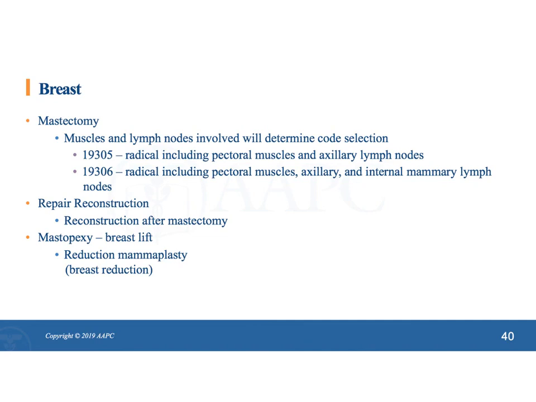The repair and/or reconstruction codes not only are used for reporting reconstruction after a mastectomy, but there are also codes for a mastopexy, also known as a breast lift, or a reduction mammoplasty, also known as a breast reduction.